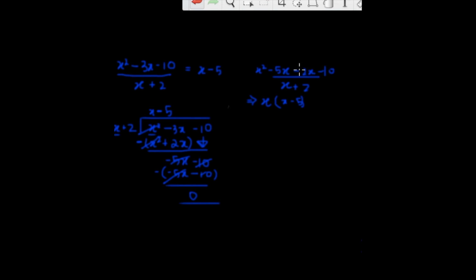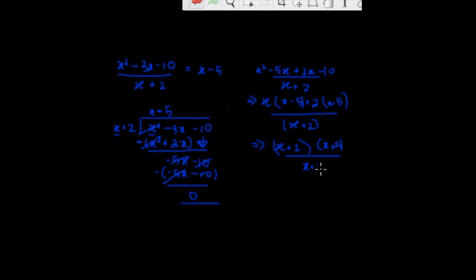And then, sorry, that will be a plus. And then you take the 2 out, so plus 2 (x minus 5) over x plus 2. And that would give you (x plus 2)(x minus 5) over x plus 2.